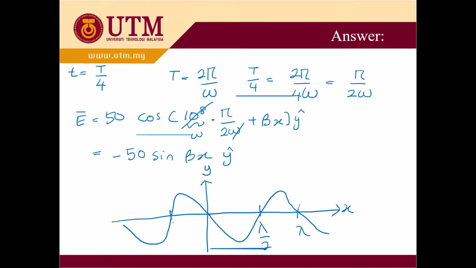Here is negative lambda over 2, and here is negative lambda. Here is the negative part, this is the positive part. So we settle for t equal to period over 4.